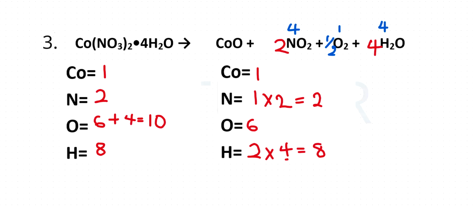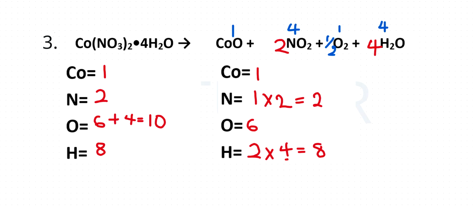So I have 4 plus 1 plus 4. Remember that we still have 1 atom of oxygen here, so I put that there. So let's count together. This is 1 plus 4, that's 5, plus 1, 6, plus this, that's 10.